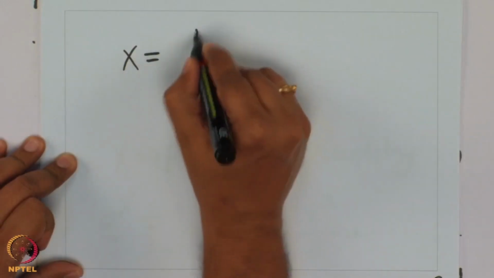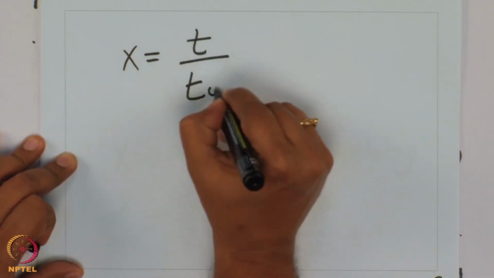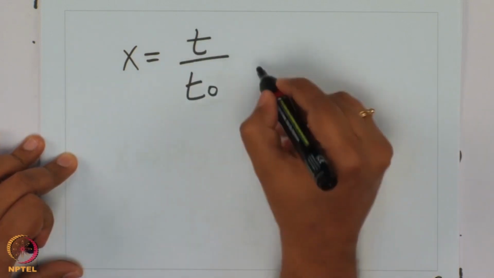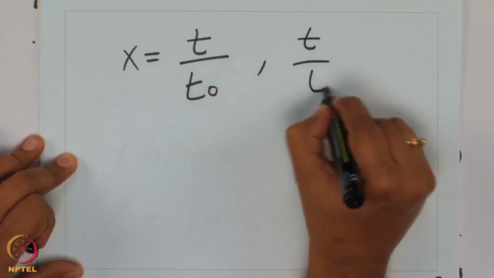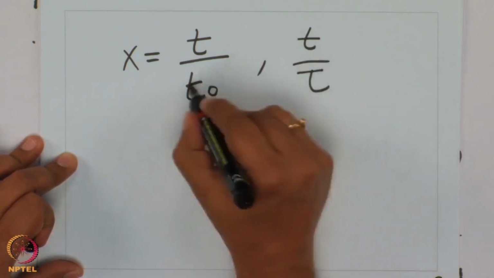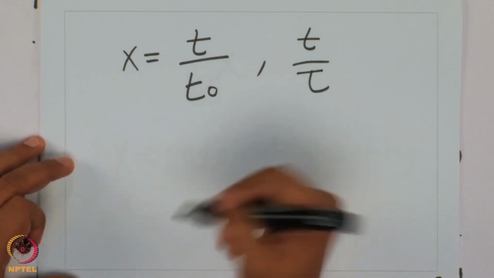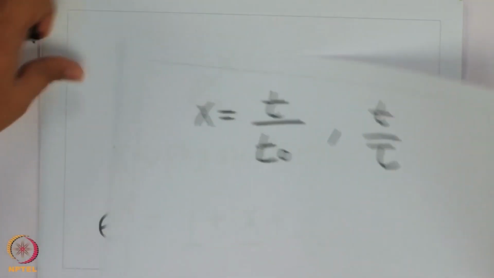So very often x will be written as t by t0, or sometimes as t by tau. Tau, t0, they are all some characteristic time, which we will understand.